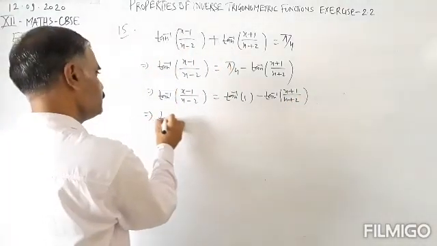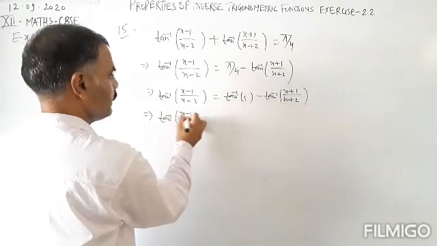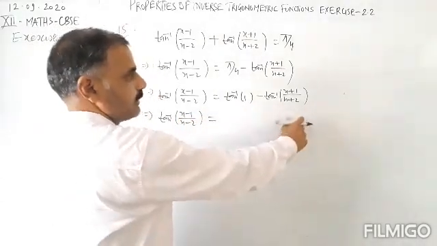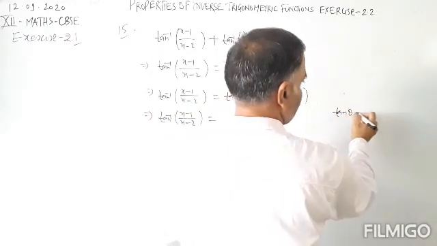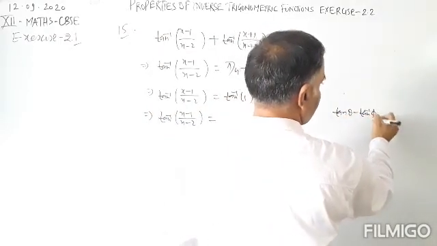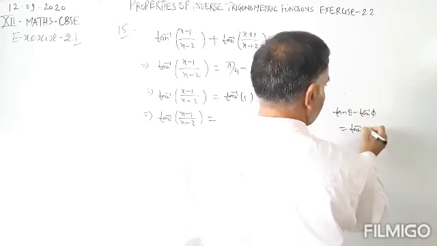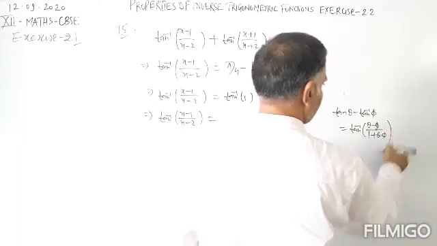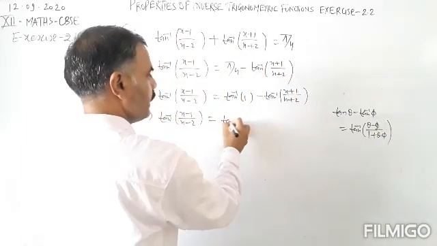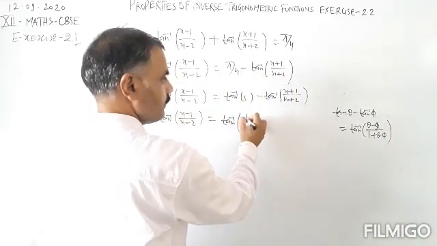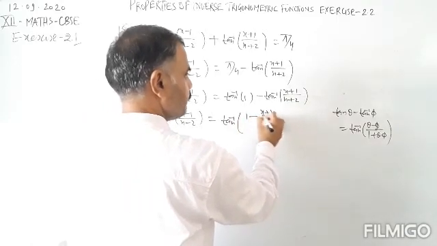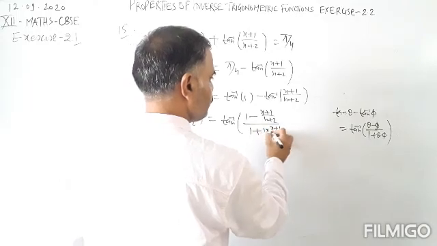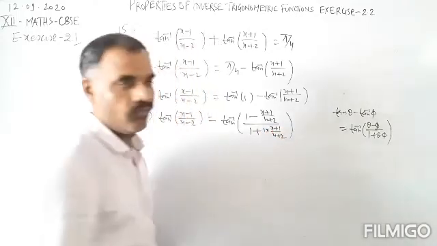Using tan inverse theta minus tan inverse phi equals tan inverse theta minus phi upon 1 plus theta into phi, we will have tan inverse 1 minus x plus 1 upon x plus 2 upon 1 plus 1 into x plus 1 upon x plus 2.